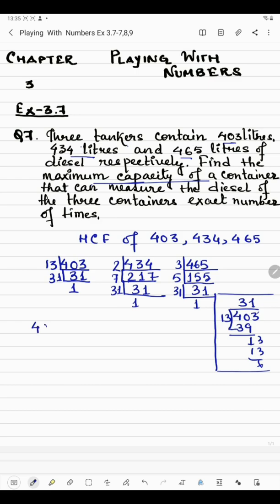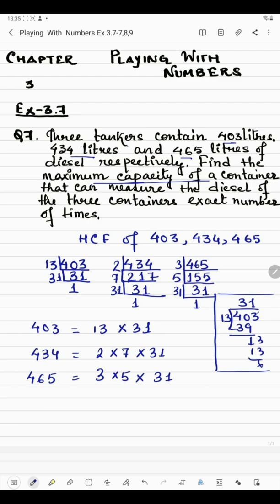So the factors of 403 are 13 multiplied by 31, and factors of 434 are 2 into 7 into 31, and factors of 465 are 3 into 5 multiplied by 31. So what we can observe here is that 31 is common.